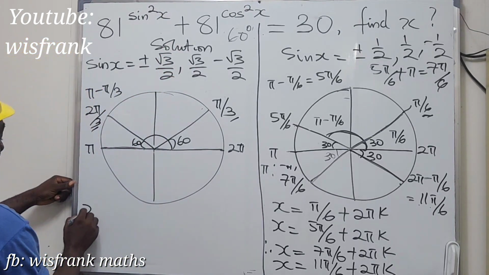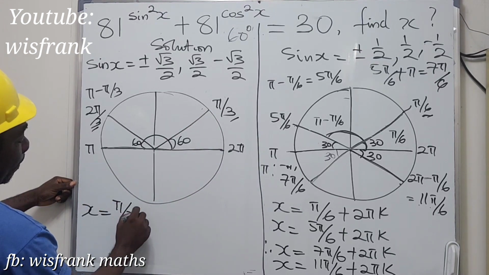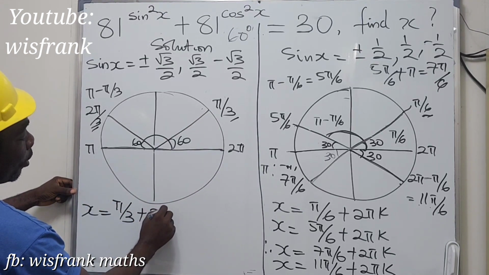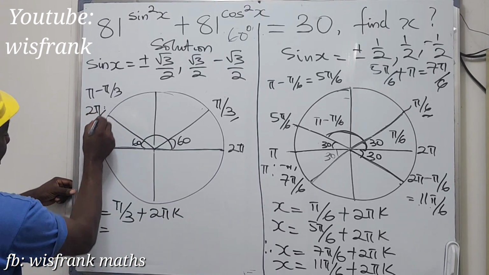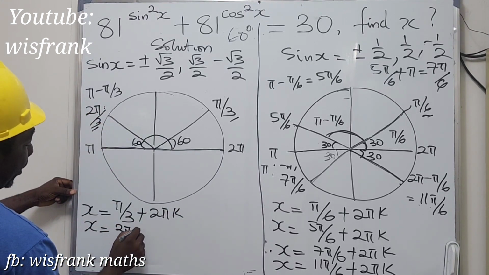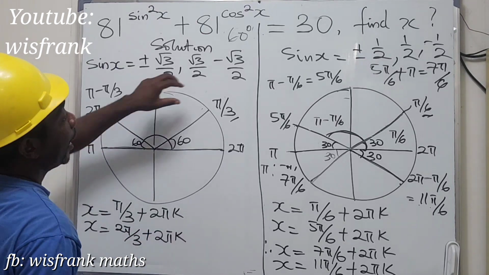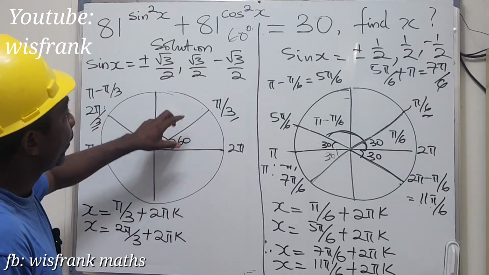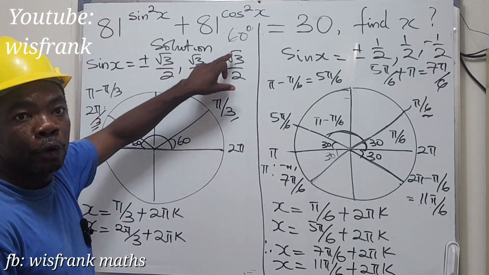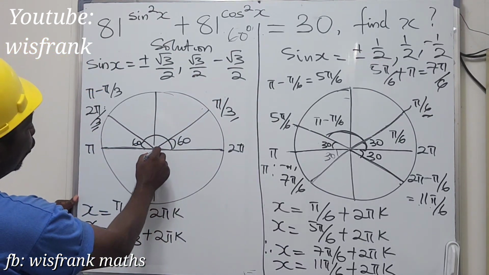So that means we have x equals pi all over 3 plus, remember to add 2 pi k. And also we have x equals 2 pi all over 3, then plus 2 pi k. That is for the positive value of root 3 all over 2. Then minus root 3 all over 2 is going to fall on the third and the fourth quadrant.